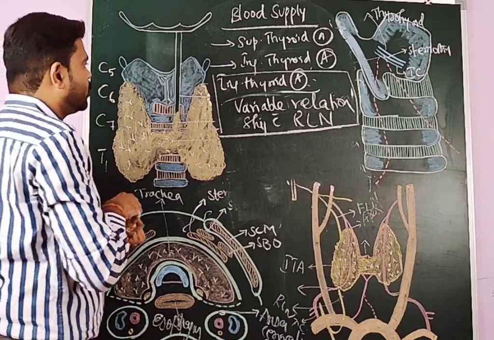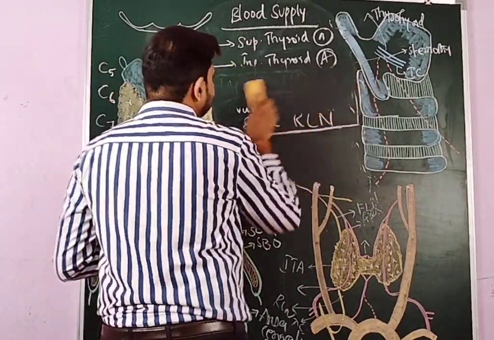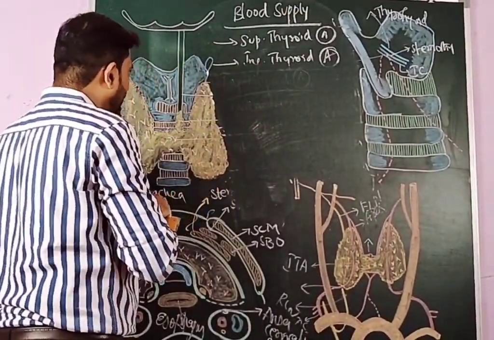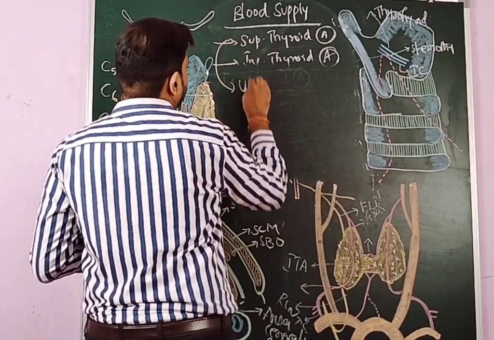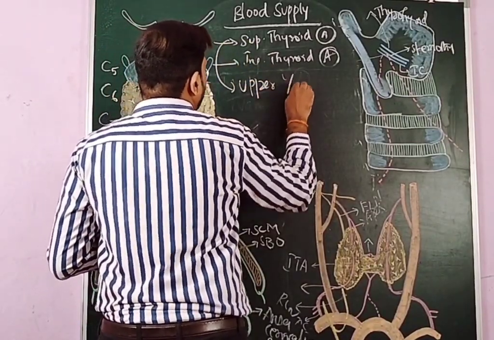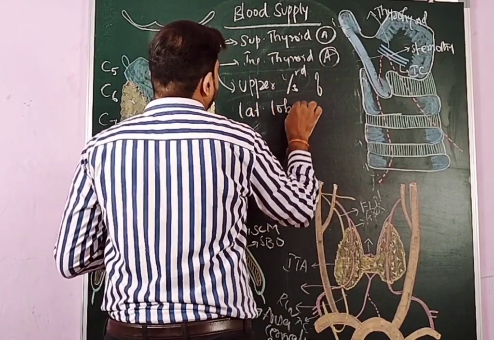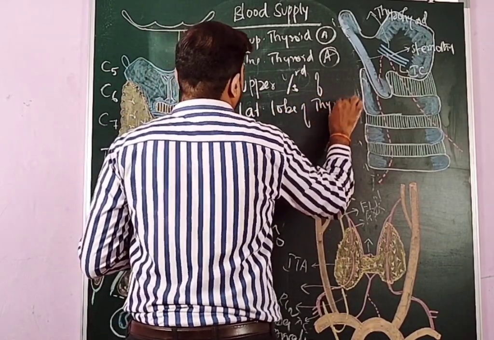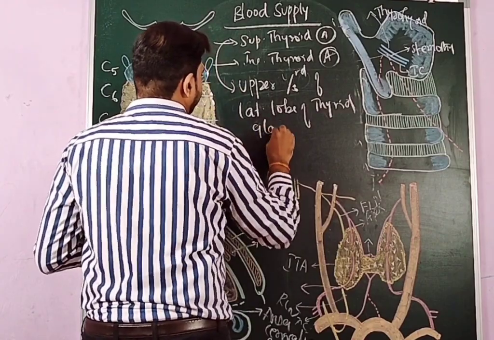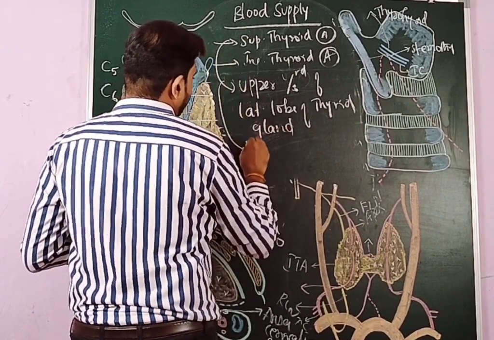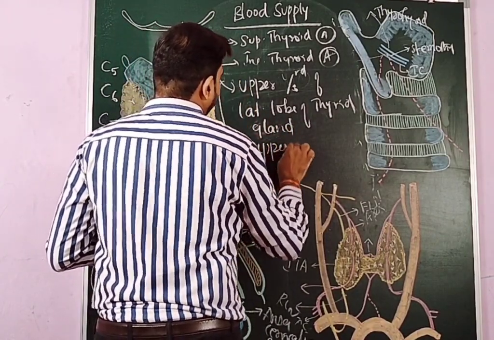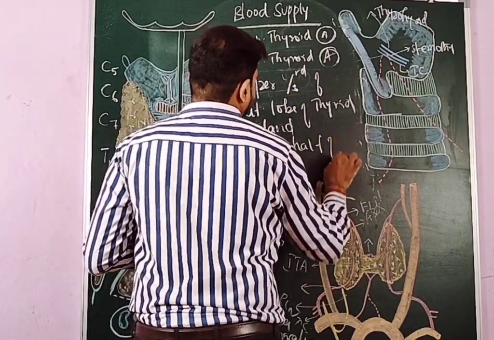So if you see, the superior thyroid artery supplies the upper one third of the lateral lobe of the thyroid gland and the upper half of the isthmus.